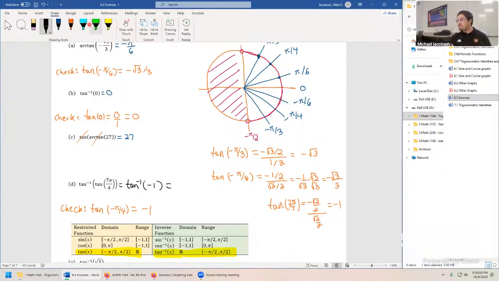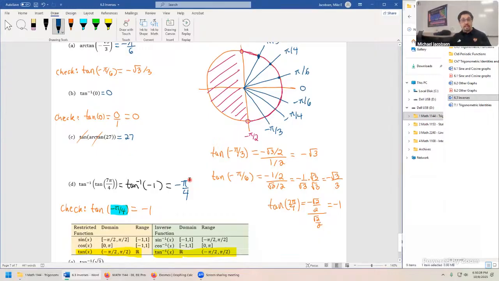So that would tell us that this angle right here is the output to the whole function. Tangent 7 pi over 4 is not a cancellation because you can just swap this to a negative 1. Negative 1 is in domain. The domain is the entire set of real numbers. So if we work inside out, we get a number. Now we can evaluate and get the negative pi over 4.